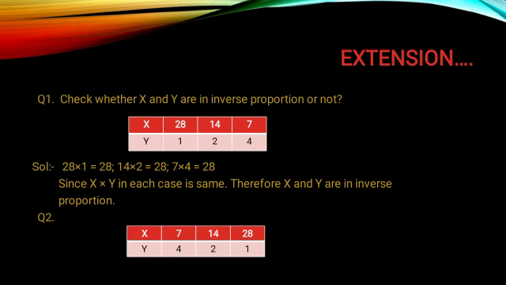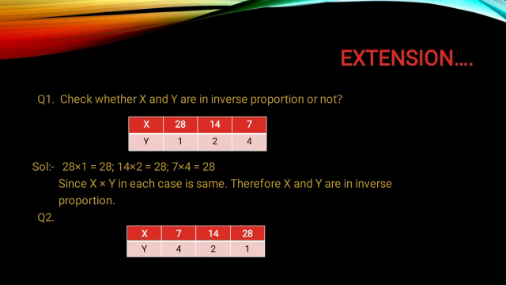Or you can say this is the method of checking whether two quantities x and y are in inverse proportion or not. You have to check their multiplication. If the answer of the multiplication comes the same, then you can say the given quantities are in inverse proportion. One more thing: suppose here we have calculated 3 products.